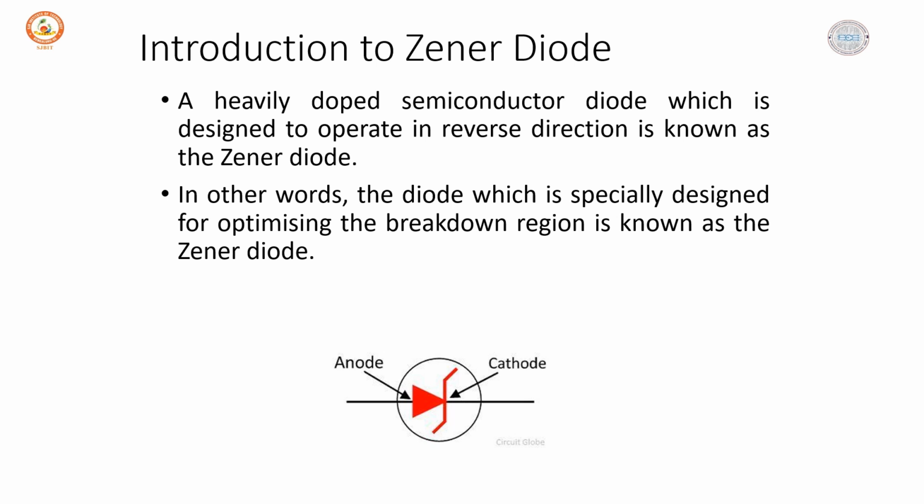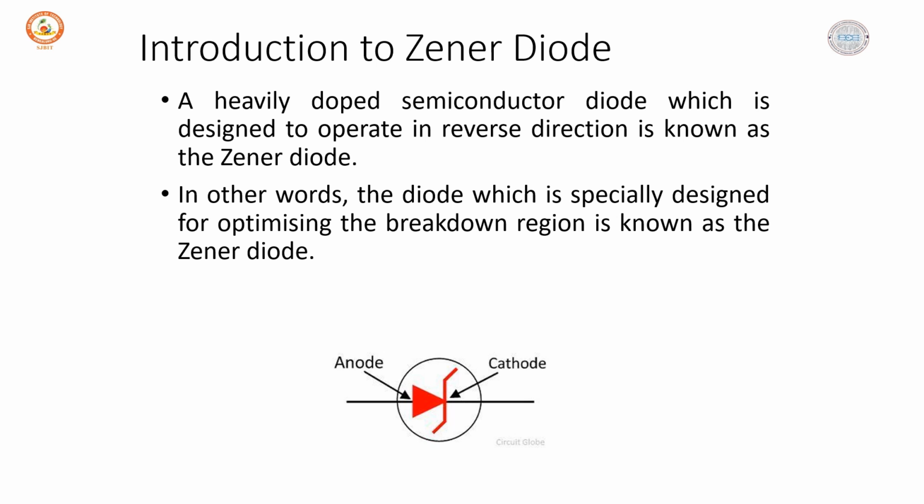The second important difference between a p-n diode and a zener diode is that a p-n junction diode consists of extrinsic semiconductor material which is moderately doped, but if we want to make the semiconductor material operate as a zener diode, it should be very highly doped.